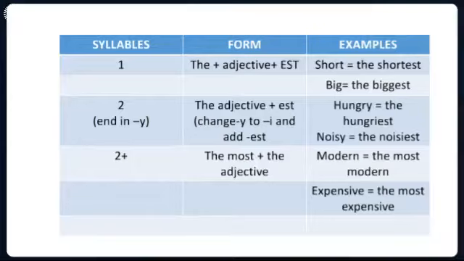For example, short becomes the shortest. For two-syllable adjectives that end in y, we change the y to i and add "est." For example, hungry becomes the hungriest. Noisy becomes the noisiest. For adjectives that are two syllables or more, we use the words "the most" or "the least" before the adjective.